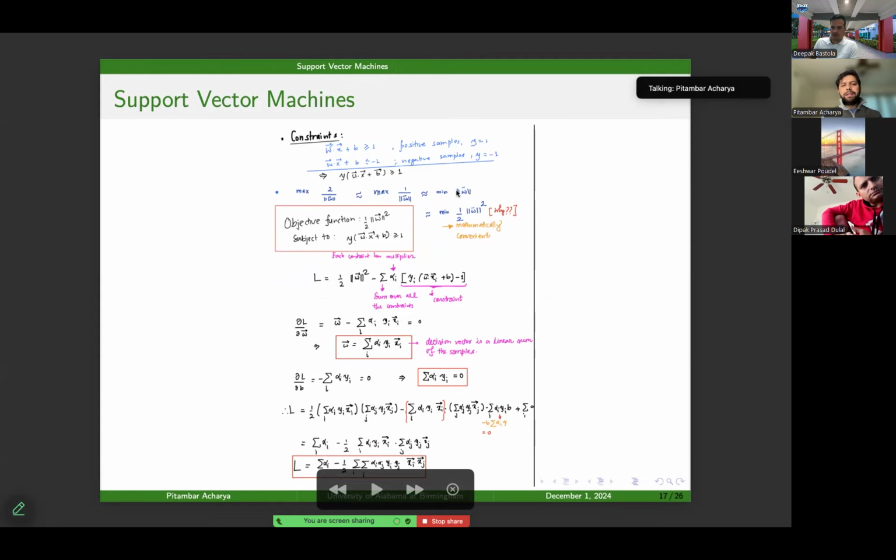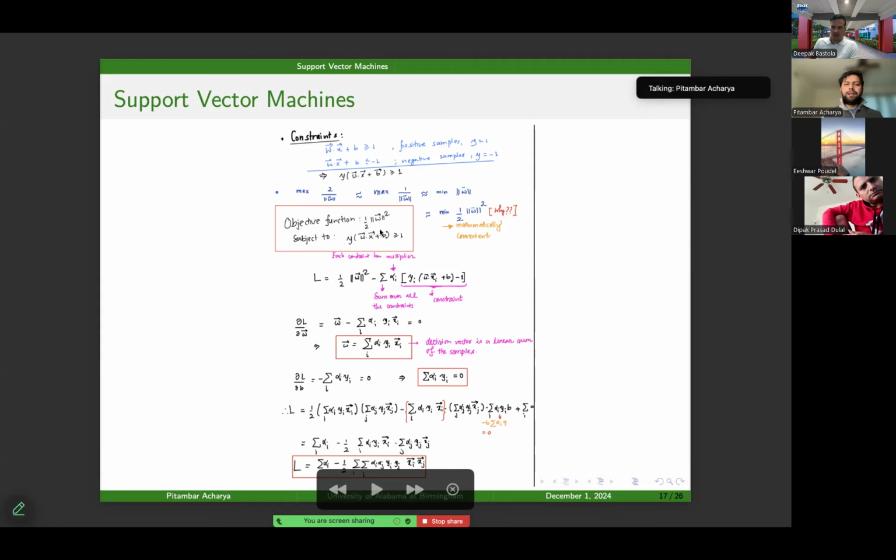So I replace minimizing omega by minimizing half omega squared. I use this particular quantity because it is mathematically convenient to optimize. Now the objective function is one half the magnitude of W squared.